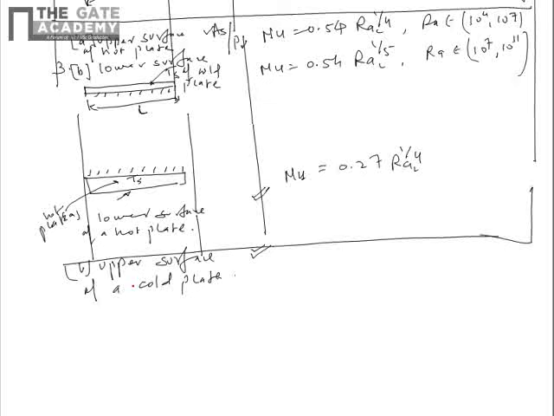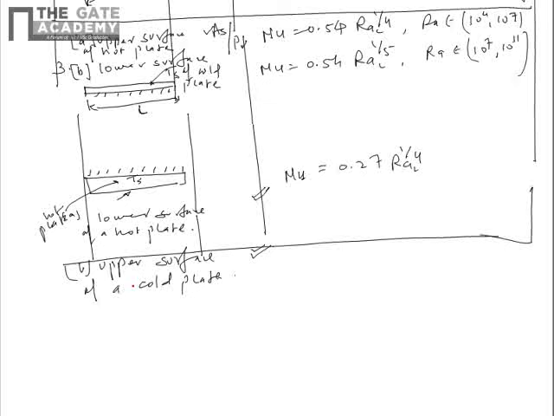So this is the end of the convection portion. In convection, they mainly ask questions based on these empirical formulas, so you need to remember all these formulas, especially for forced convection. Free convection is not very important from the GATE point of view.